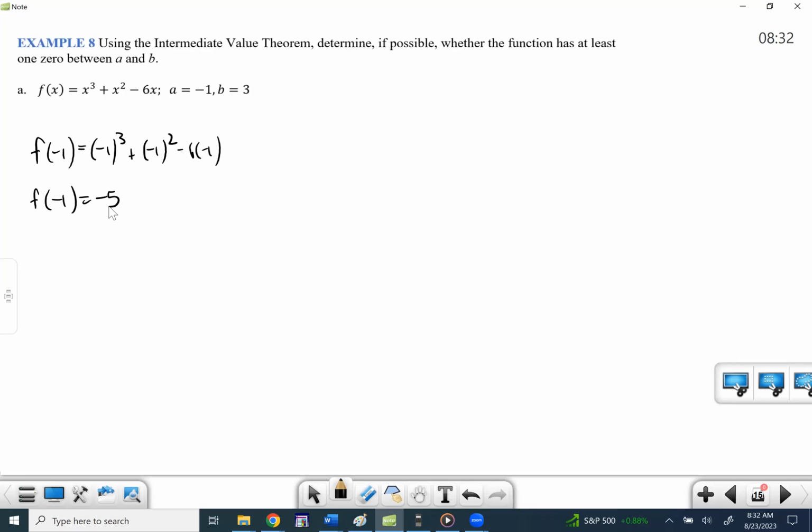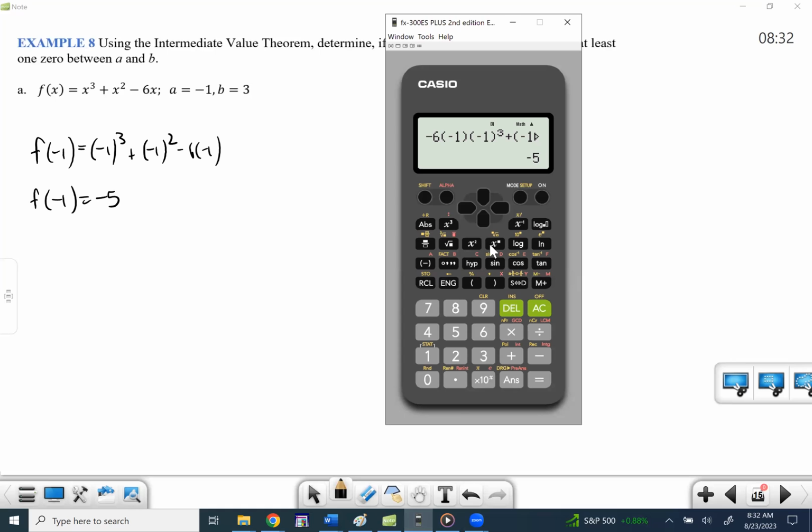Just take a look at my notes because I got +6 before when I did this. So let me go see what I did on the calculator. Oops, I forgot a 6 right here. All right. So it's parentheses -1 to the third plus -1 squared minus 6 times -1. There it is. Okay, so I knew I did.